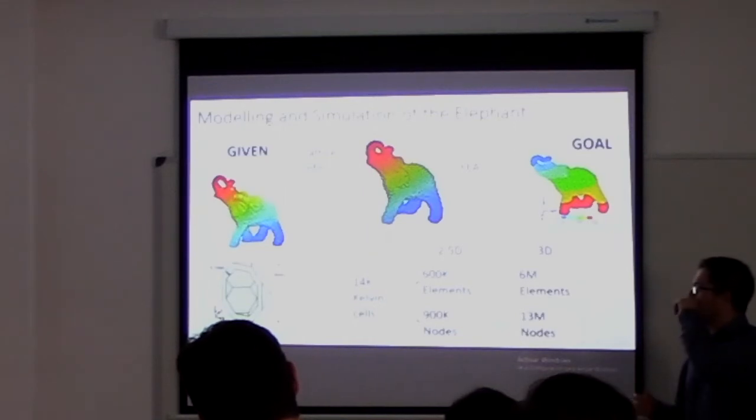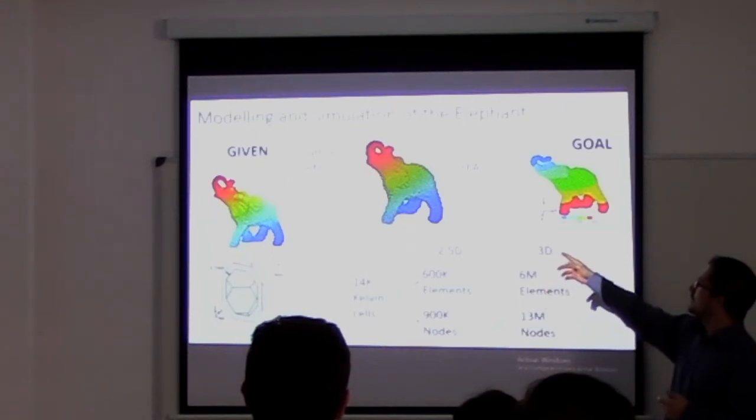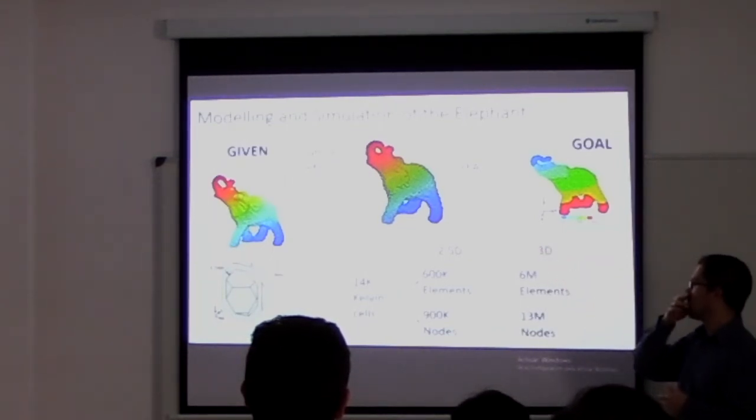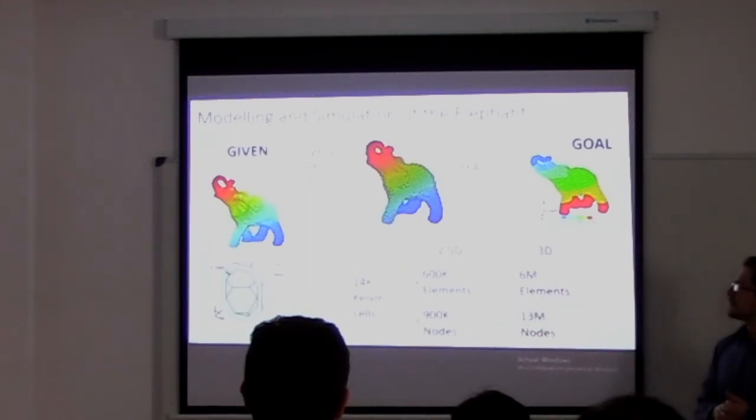So in comparison with the initial elephant that I had shown, we generated the lattice domain from the original elephant, and we obtained 14,000 Kelvin cells.